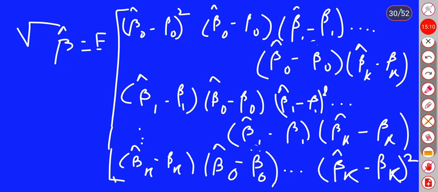So ultimately beta k hat minus beta k into beta naught hat minus beta naught, up to beta k hat minus beta k whole square.